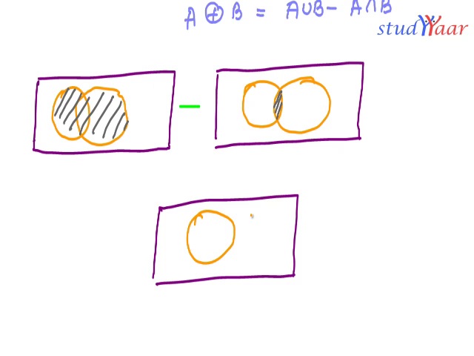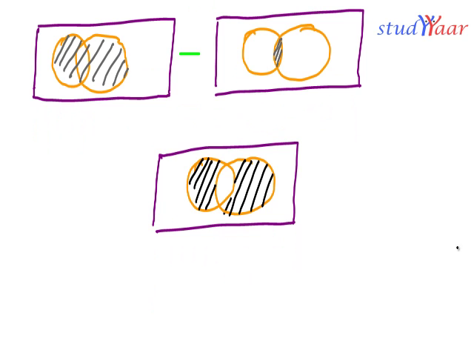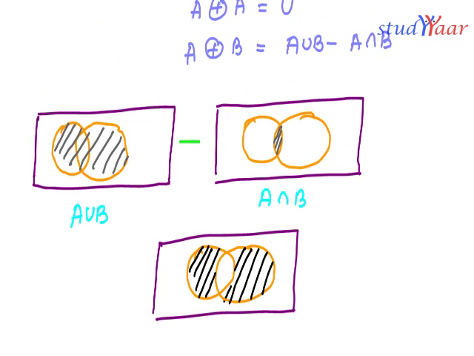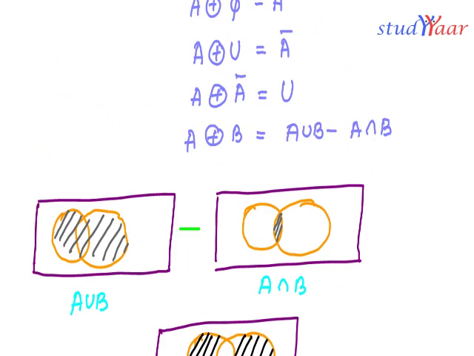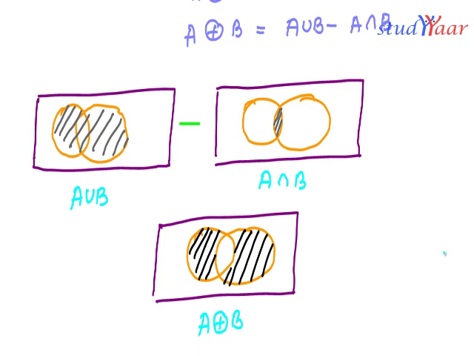This is my A, this is my B. I'm going to be left with the following region, which is nothing but my symmetric difference of A and B. So this is A union B, this is A intersection B, and if you do a difference of these two sets, what you get is the symmetric difference of A and B. Same way you can prove the other properties as well.